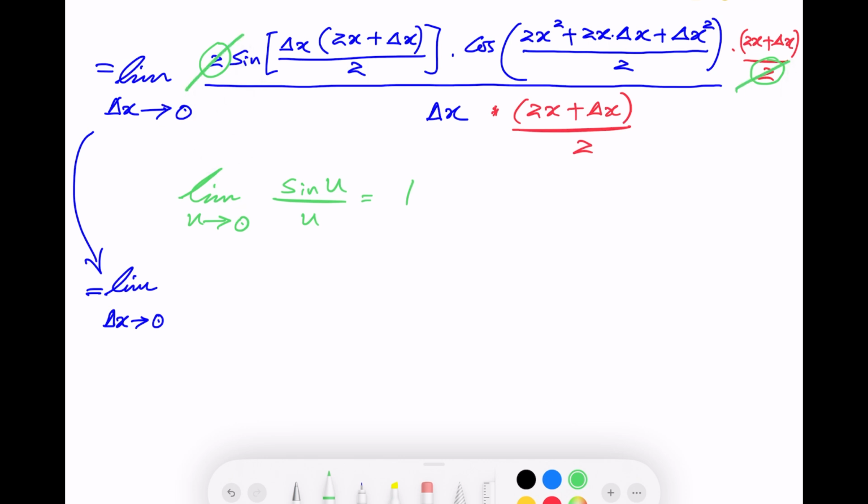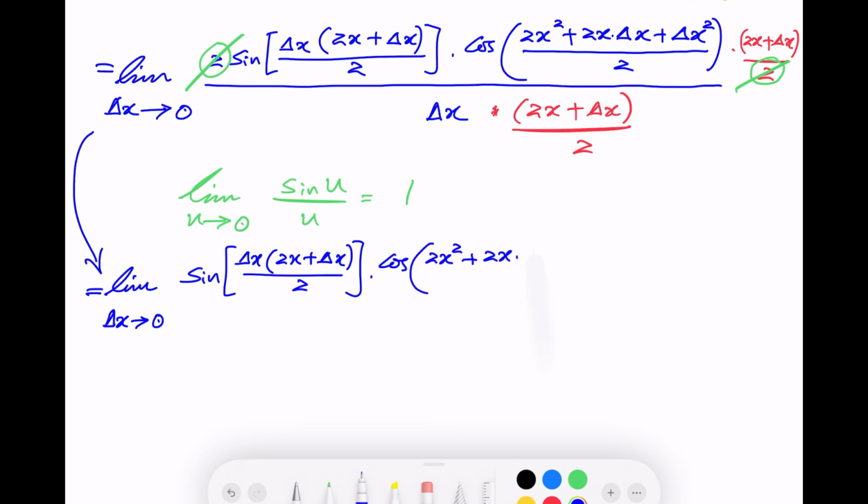So on the numerator, I have sine, brackets delta x times 2x plus delta x over 2, times cosine 2x squared plus 2x times delta x plus delta x squared. All of that has to be divided by 2, and all of that times we have this term 2x plus delta x. So let me write that down. All of that times 2x plus delta x.